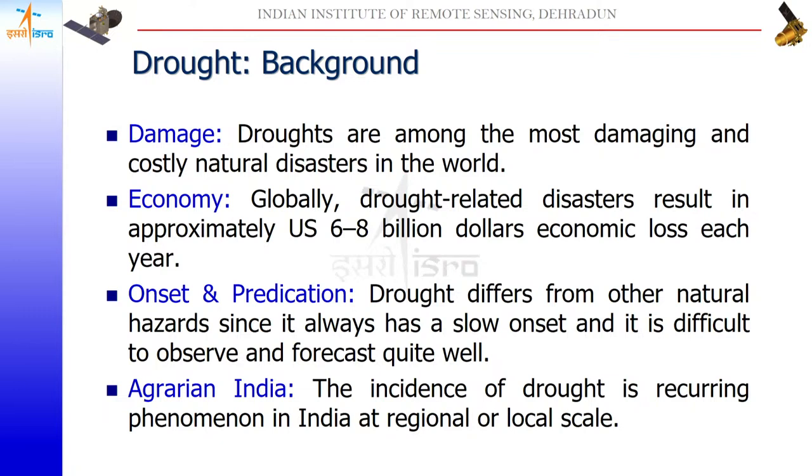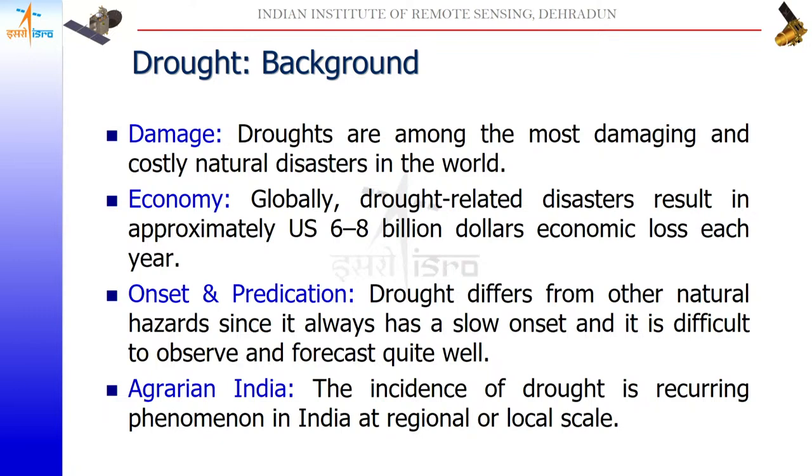When we're talking about India, where most of our population is dependent on agriculture, that's why it is called agrarian India or agricultural land. The incidence of drought is a recurring phenomenon in various parts of the country, like parts of Rajasthan, Gujarat, Uttar Pradesh and Madhya Pradesh, the Bundelkhand region, then the Marathwada region of Maharashtra, then the Bellary region of Karnataka, the adjoining area of Telangana and Andhra, and a few areas of Tamil Nadu.